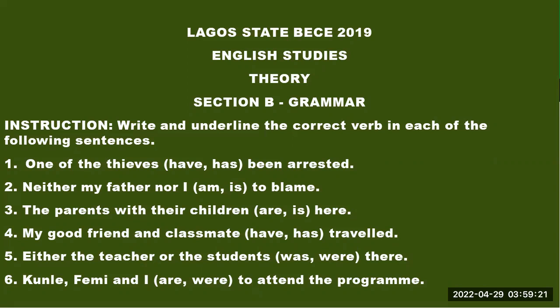In each case, we have two forms of the verb given, and then you have to identify the correct grammatical form. And we are also going to look at the rules that determine the correct form to choose. The rules here are rules of concord that we shall be looking at.